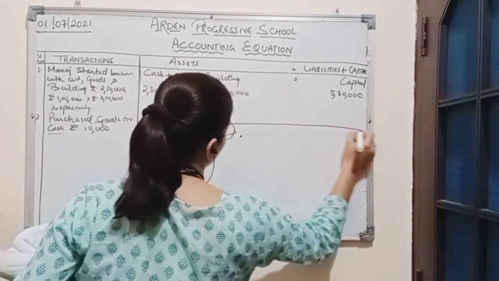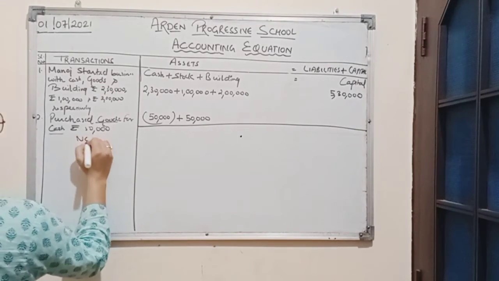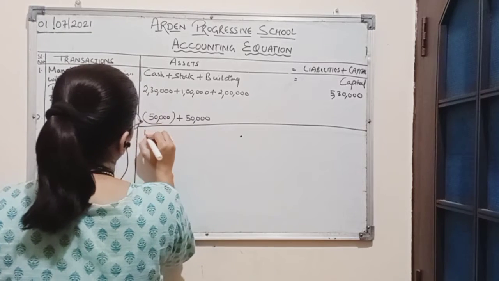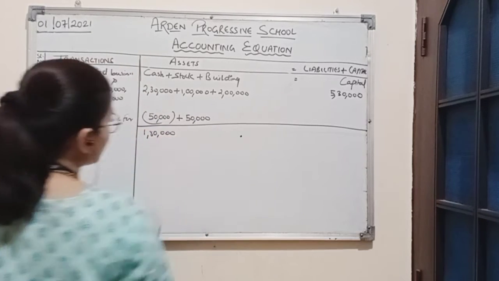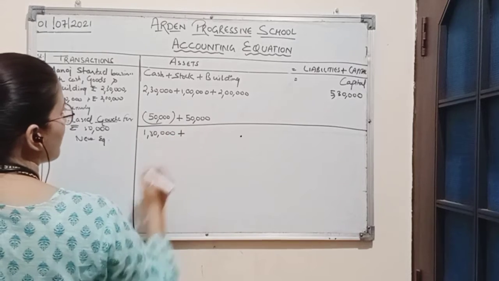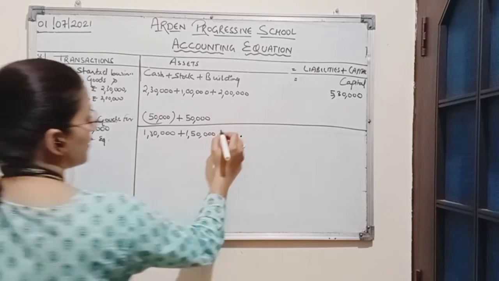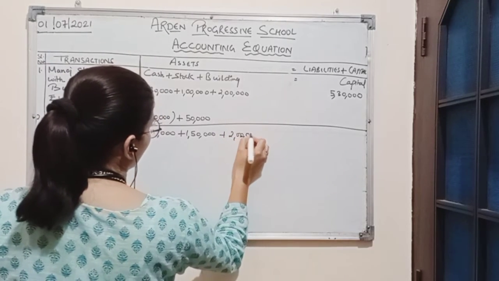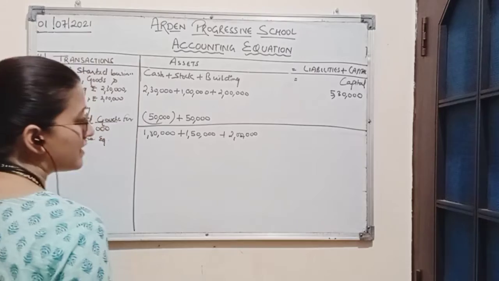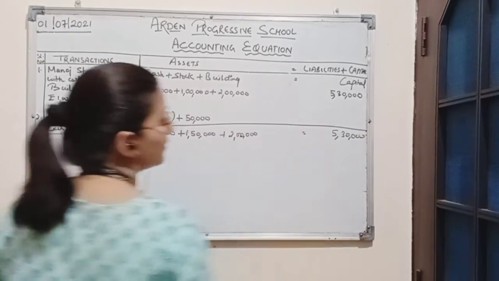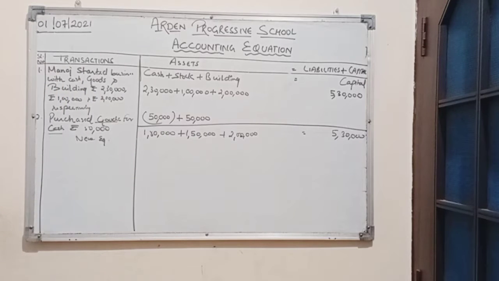So, by this we will get a new equation here. 2,30,000 minus 50,000 is 1,80,000. Stock amounting to rupees 1,50,000. Building 2 lakh rupees and capital remains the same, 5,30,000.